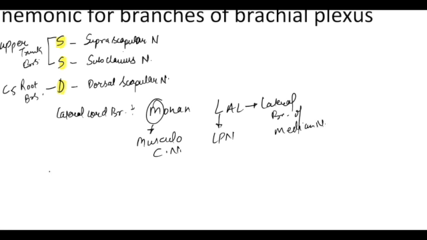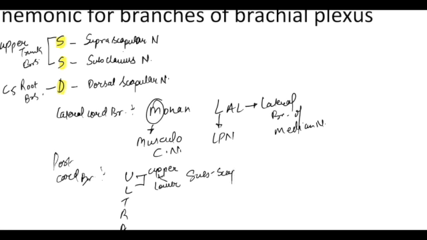Okay, so the next cord is posterior cord branches. Mnemonic is ULTRA. U and L indicate upper and lower subscapular nerve.